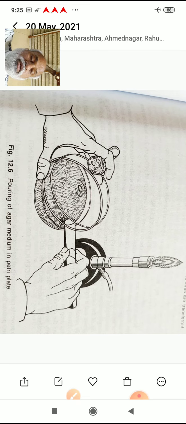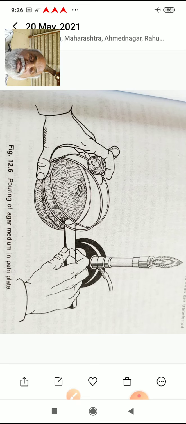So in all, pour plate method, streak plate method, spread plate method, and serial dilution method, by using these four methods, one can get expertise in the pure culture of the pathogen.